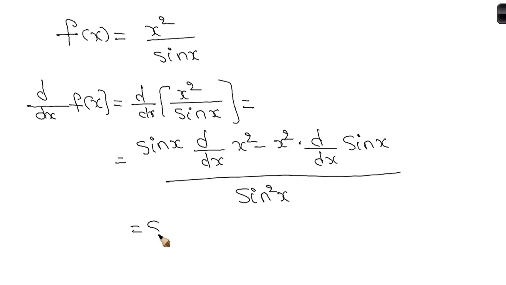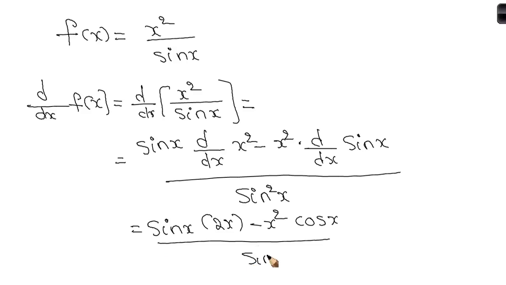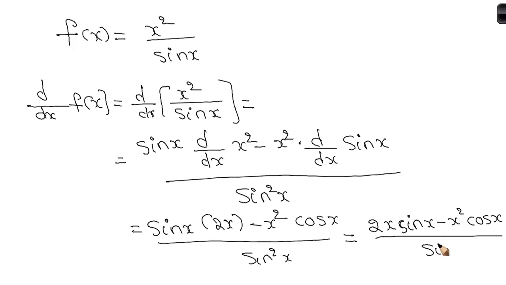So sin x into derivative of x square, which is 2x, minus x square into the derivative of sin x, which we know is cos x, divided by sin square x. So the derivative of x square by sin x is 2x sin x minus x square cos x divided by sin square x.